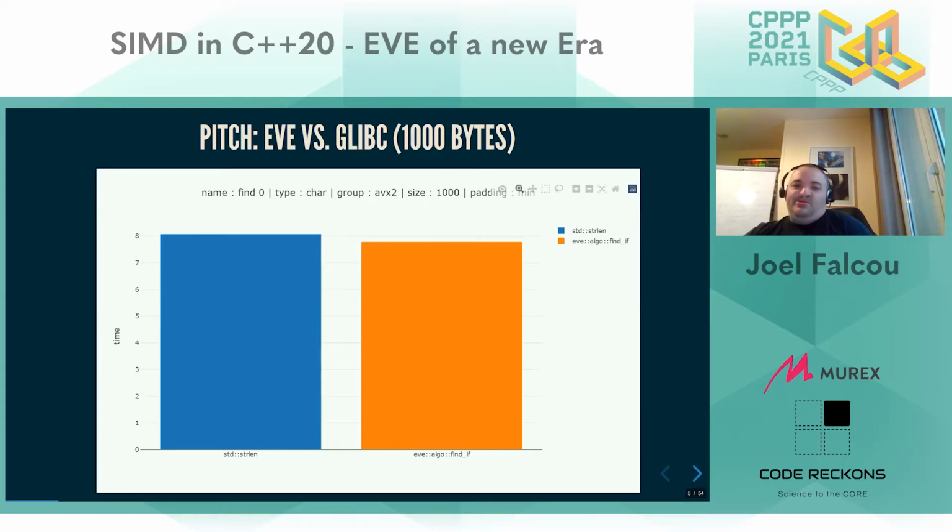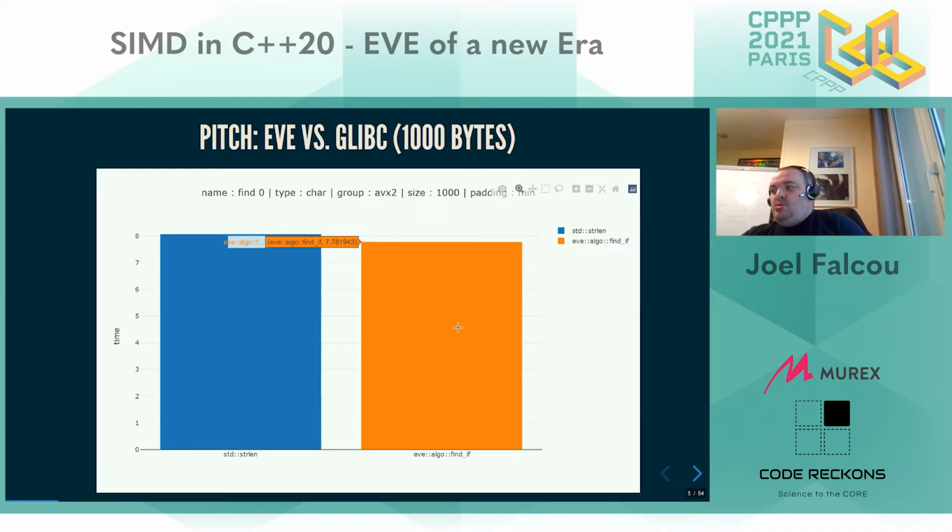It's most of the time written in C or assembly, very fine-tuned and so on. This is the time we got running on our systems using AVX2. So strlen took about 8 something nanoseconds, and we are pretty much at the same level. The difference is noise.